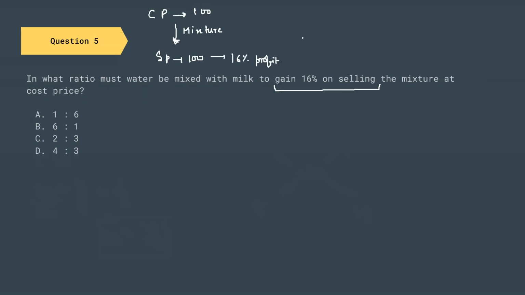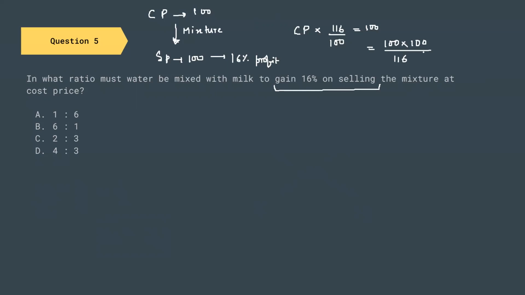The cost price of mixture, that is CP, and 16% profit on the cost price gives us 100 rupees. So this will be 100 into 100 divided by 116, if I'm not wrong. Okay, so let us try to simplify this particular situation.